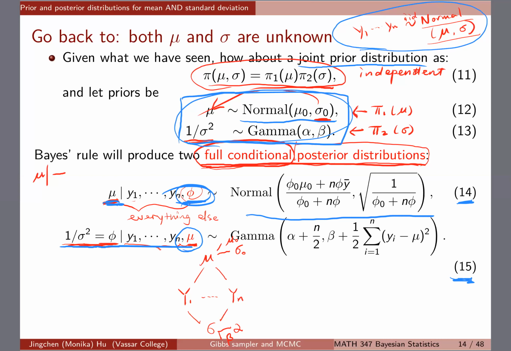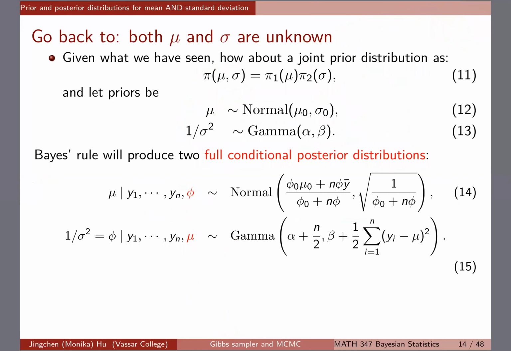It's only when we're defining the full conditional posterior distribution and deriving them that we assume the other one is known for now. All right, so keep those in mind, and it will be good practice to make sure that we all know how to do any kind of joint posterior derivation.